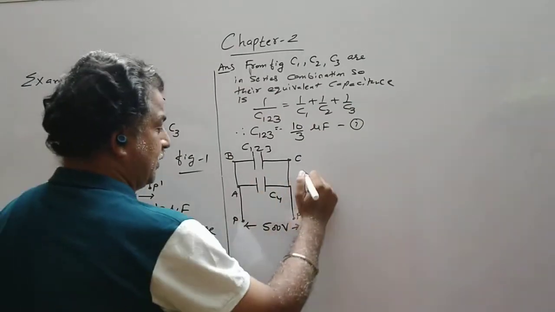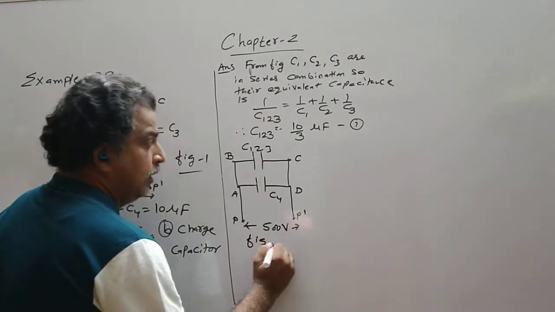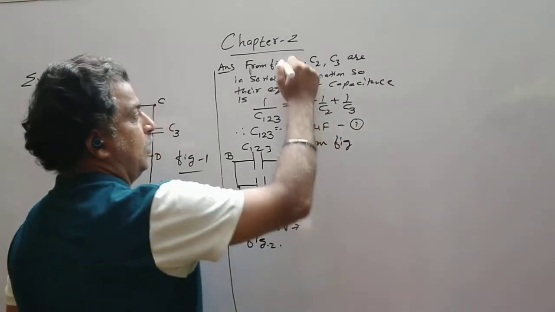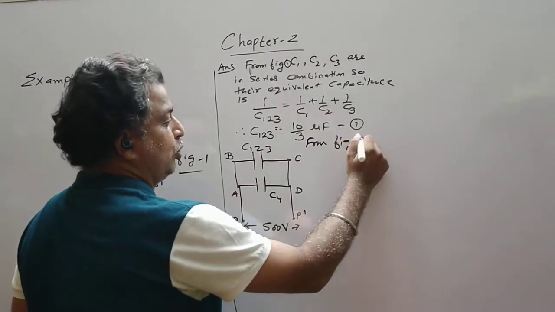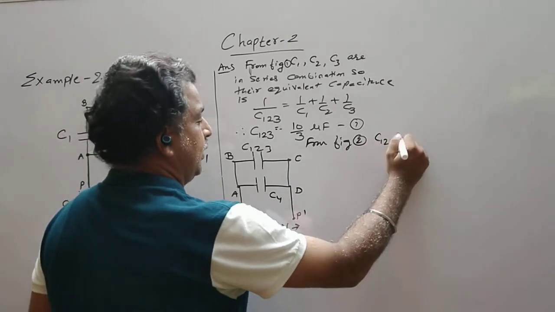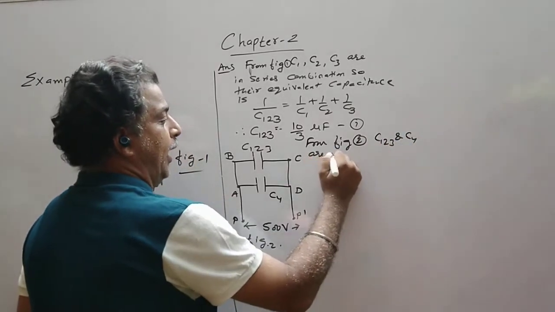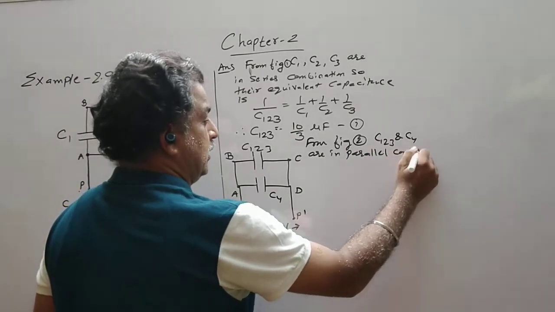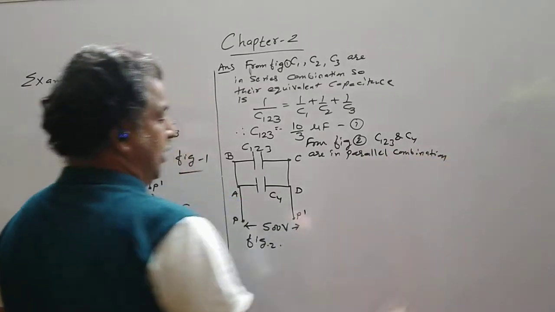So let us name this as figure 2. So from figure 2, C123 and C4 are in parallel combination, and this is our final answer.